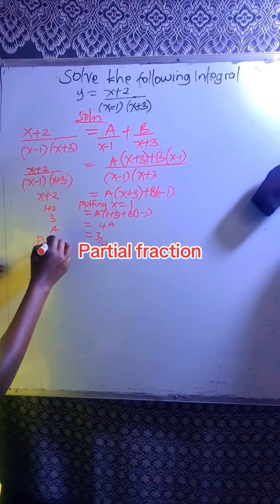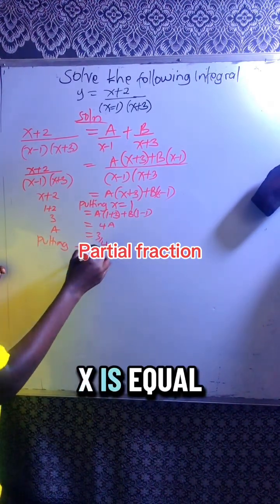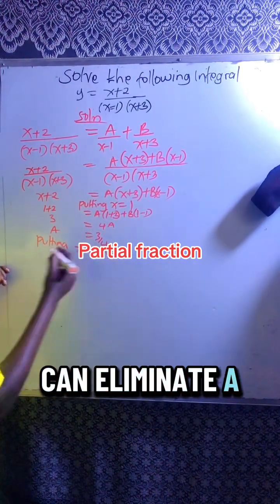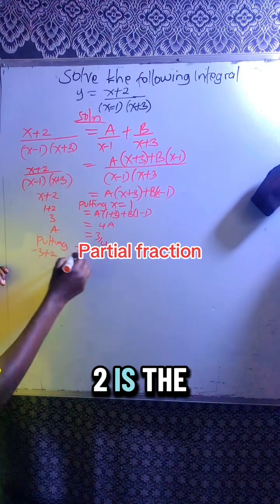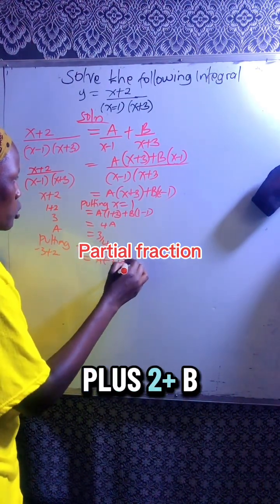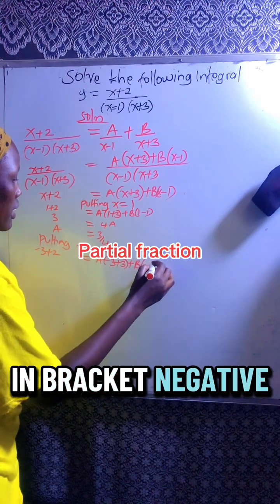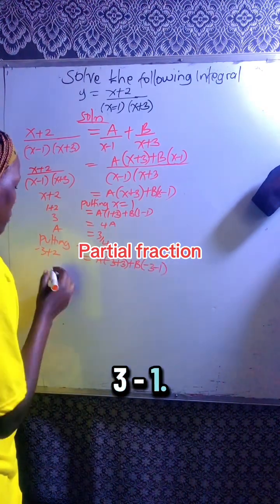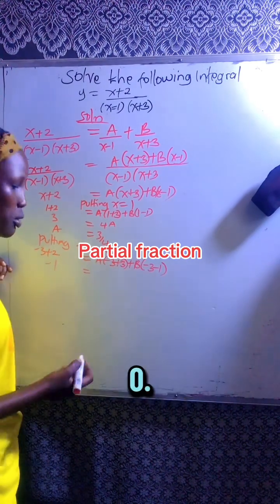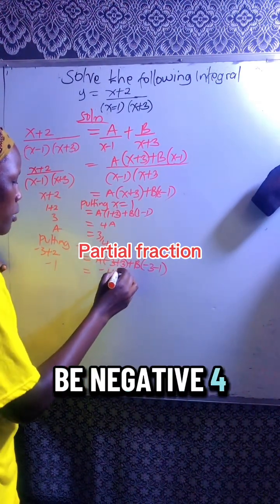Putting x is equal to negative 3 such that we can eliminate A: negative 3 + 2 is the same as A(negative 3 + 3) + B(negative 3 - 1). Negative 1 is the same as, this gives us 0, so it will be negative 4B.